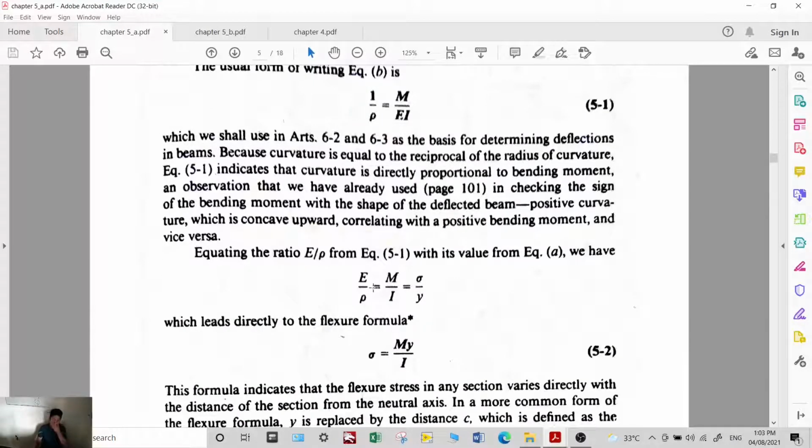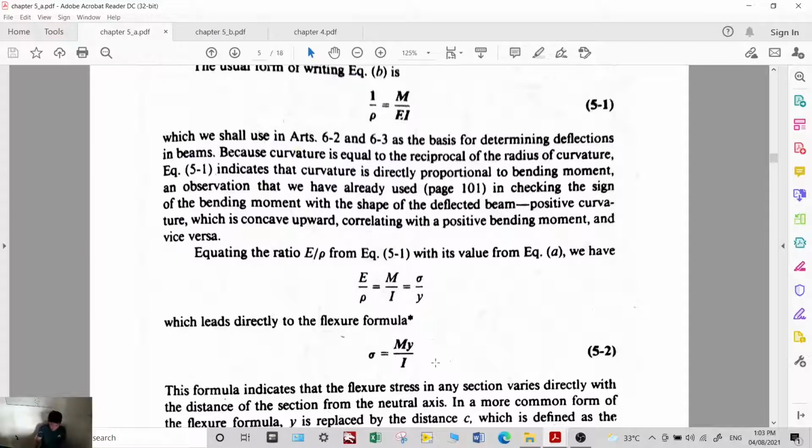Therefore, E over rho is equal to M over I. But E over rho is also equal to sigma over y. Therefore, to eliminate it, sigma, or the flexure stress, is moment times y over moment of inertia.